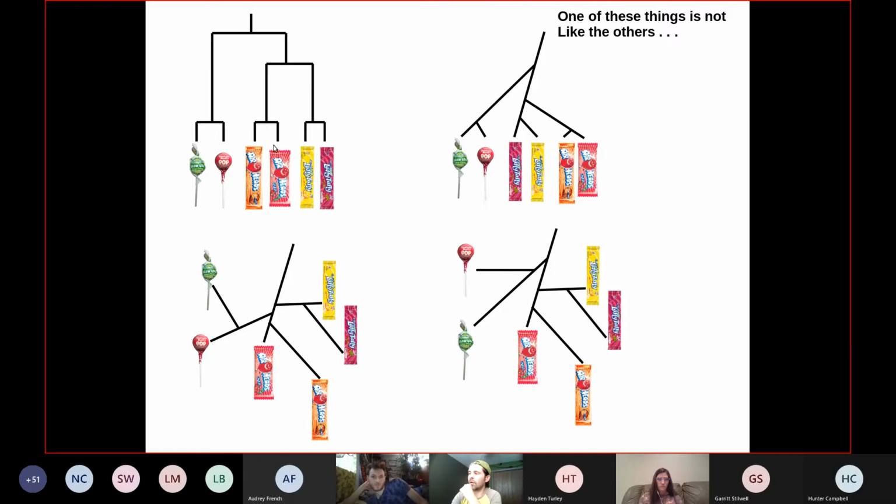All the other ones, really. All the other ones. Right? Go back to the lollipop group, go back here, then everything downstream from that is sister. In this one, what's sister to the lollipops? Airheads. The airheads. And so they're depicting different relationships.